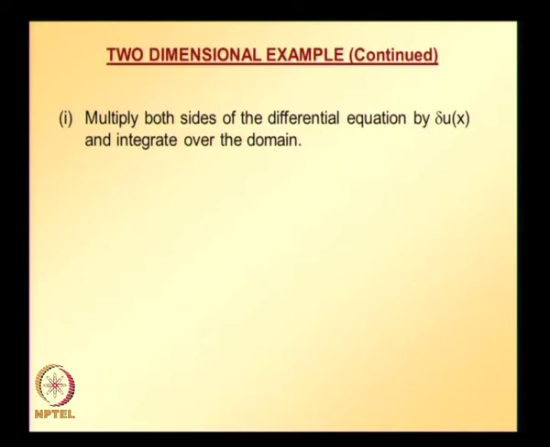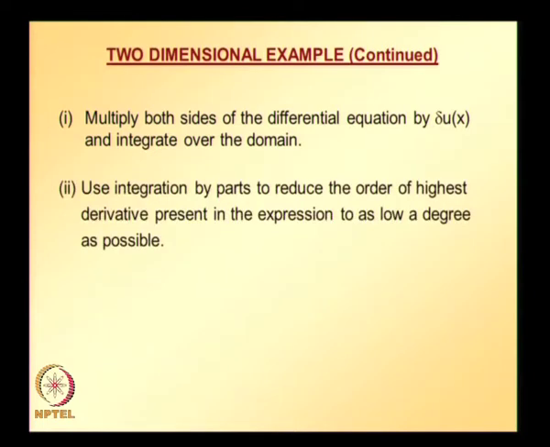First step is multiply both sides of the differential equation by variation of u. Here it is shown as a function of x, but for the two dimensional boundary value problem case it is going to be a function of x and y, and integrate over the domain.